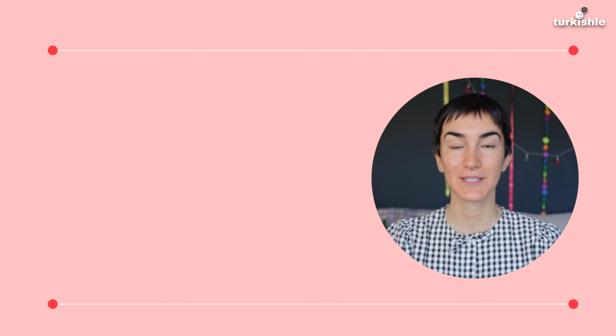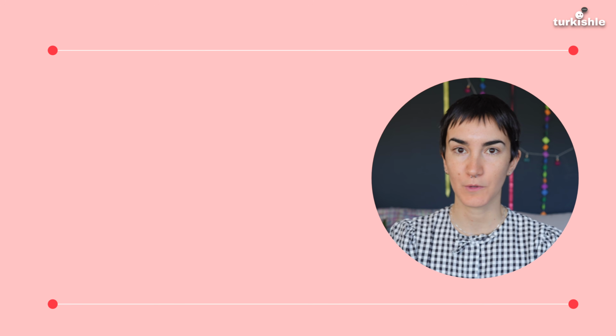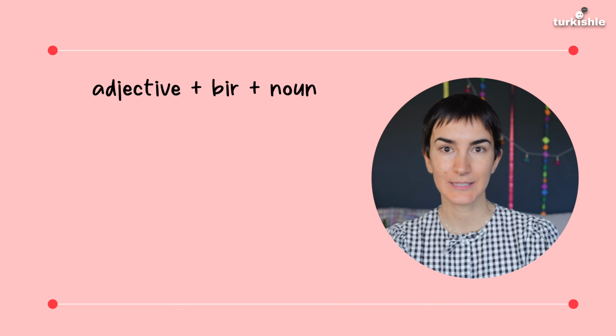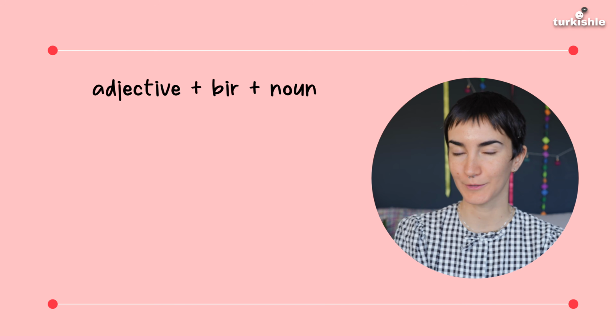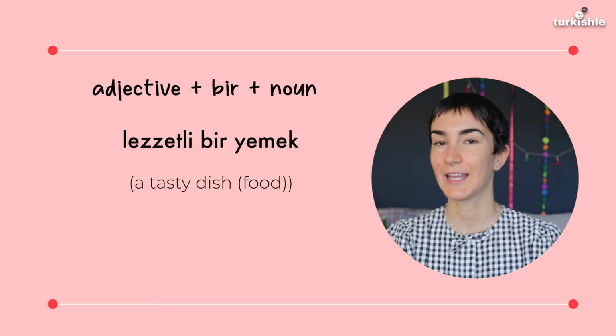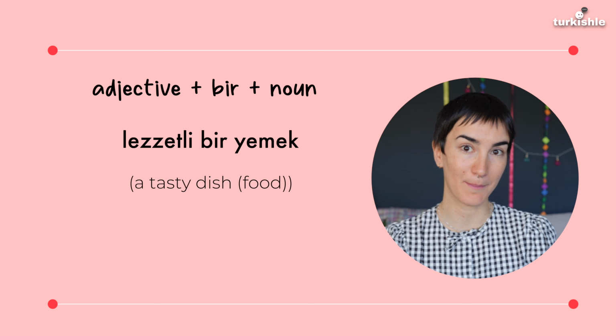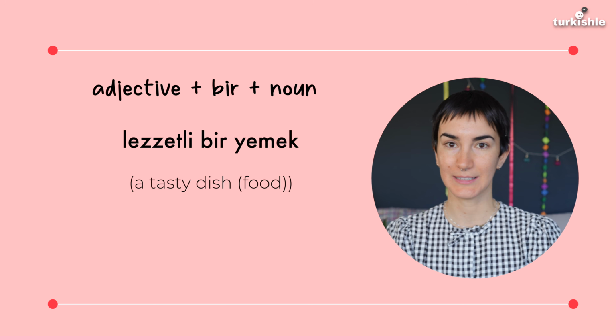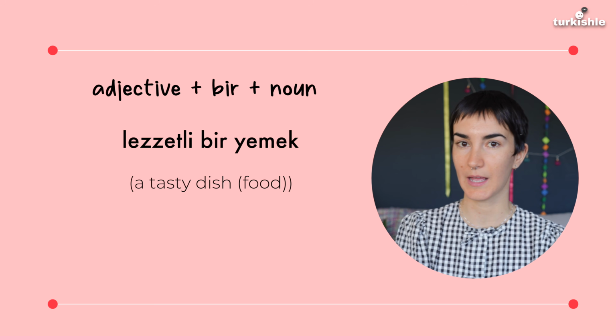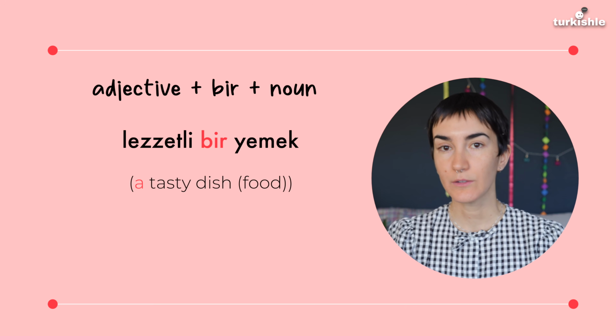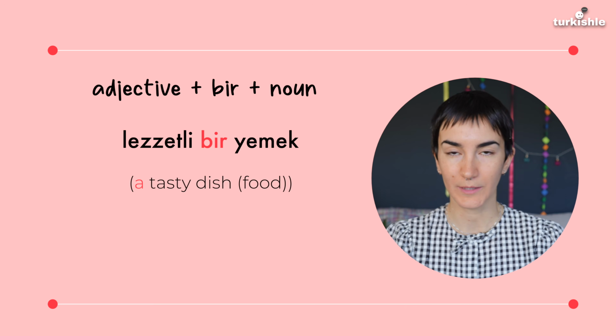Say you want to use an adjective in your sentence to say tasty food. Tasty is lezzetli in Turkish. So oftentimes, in order to do this, we use the structure adjective plus bir plus noun, which looks like lezzetli bir yemek. Bir in Turkish means one.